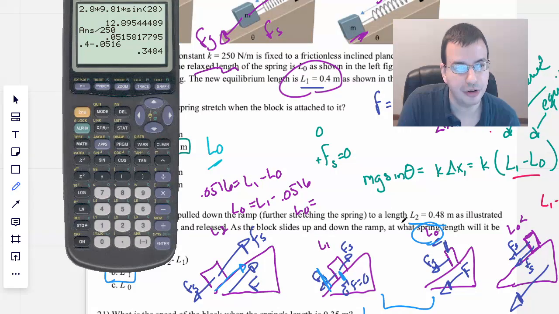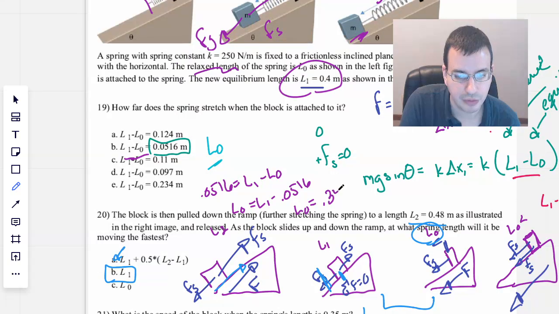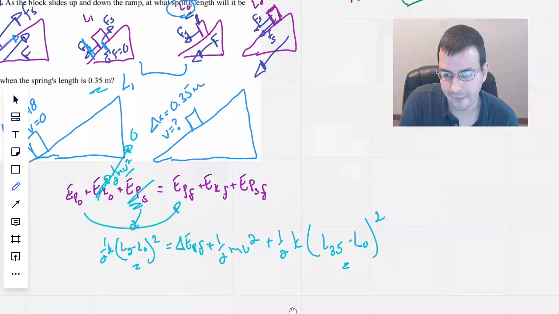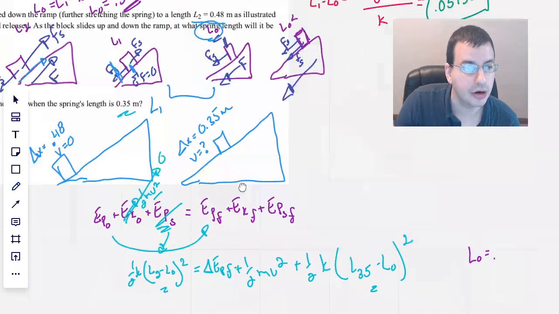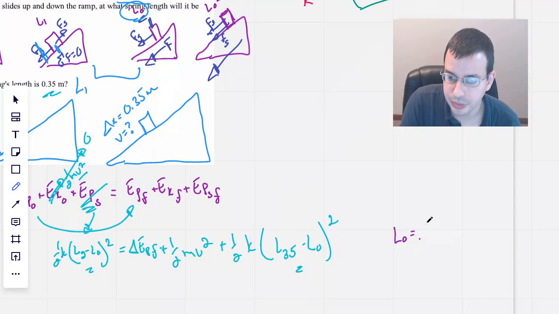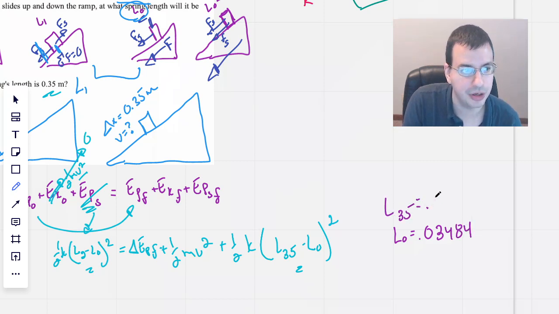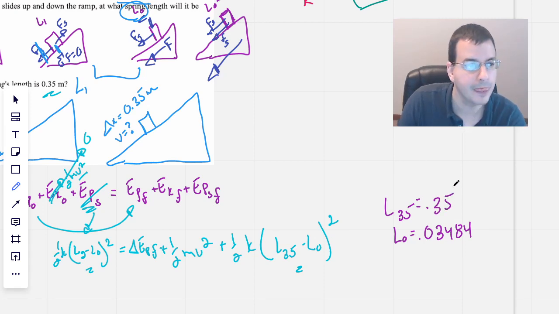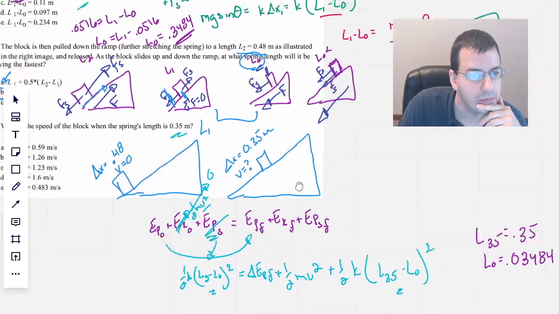We get 0.3484. So L0 equals 0.3484. L1 equals 0.35.